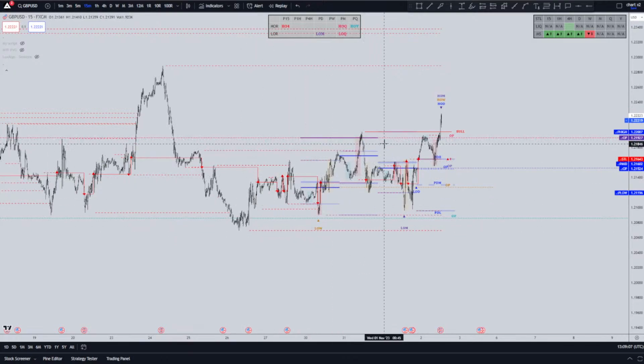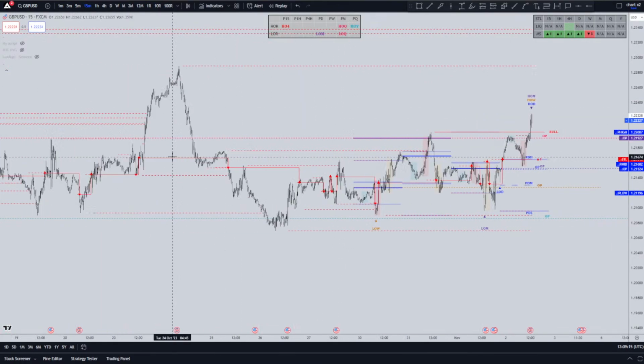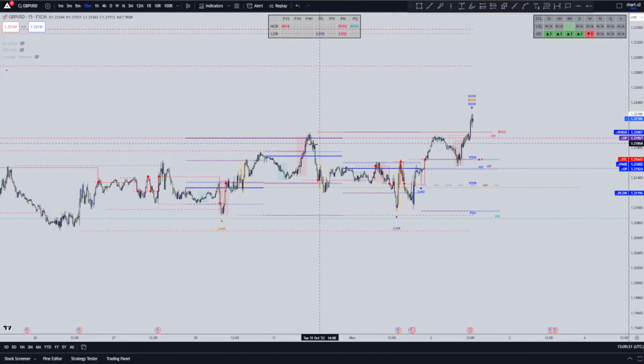Up here you have the quarterly open price, liquidity, high of the day, high of the week, open price. You want to see locally a structural breakout to one side, the other side's liquidity failing, and stuff like that.